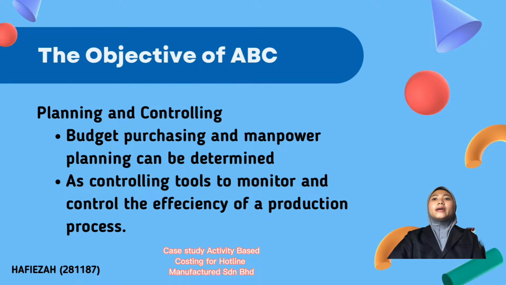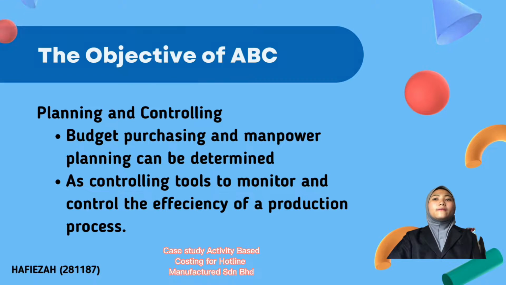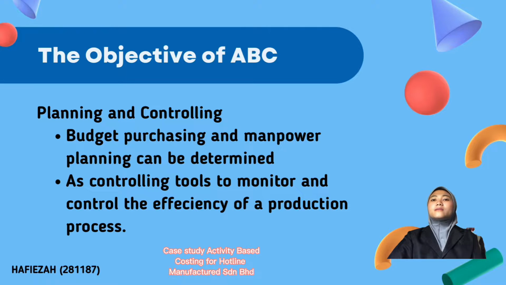Next, in planning and controlling. During planning, ABC plays an important role whereby historical records of the production cycle are identified and recorded. The data and information serve as very useful information for management to plan for the coming year on what product is going to be produced and at what level.